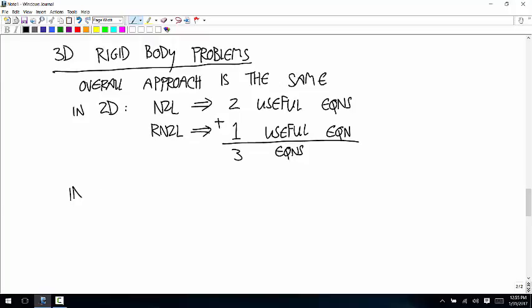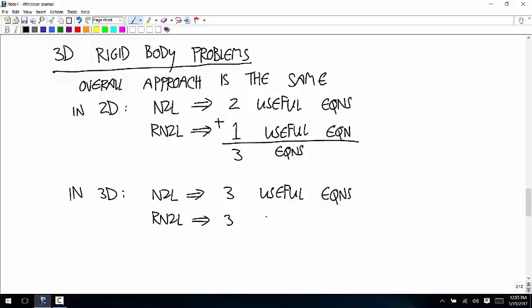In 3D, Newton's second law gives 3 useful equations. The moment vector equation gives us 3 more equations.